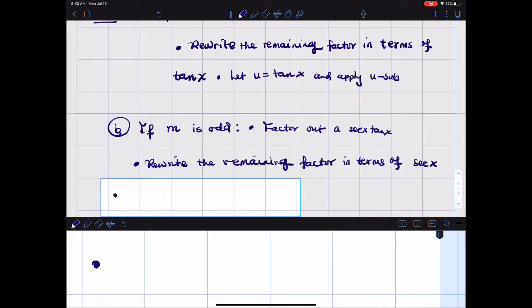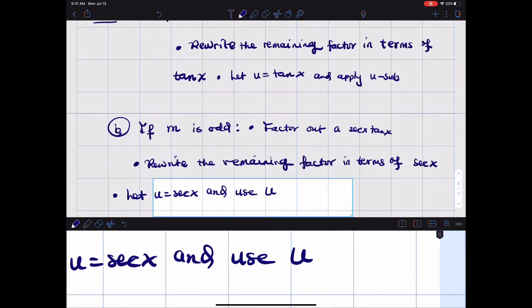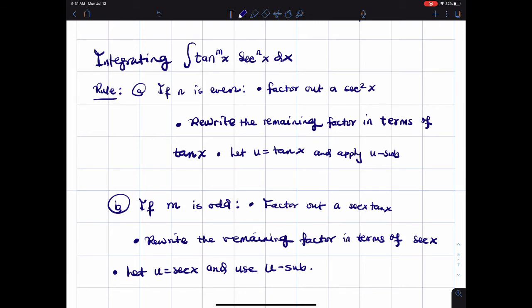And then what do you do? You let u equal secant of x and you use u substitution.